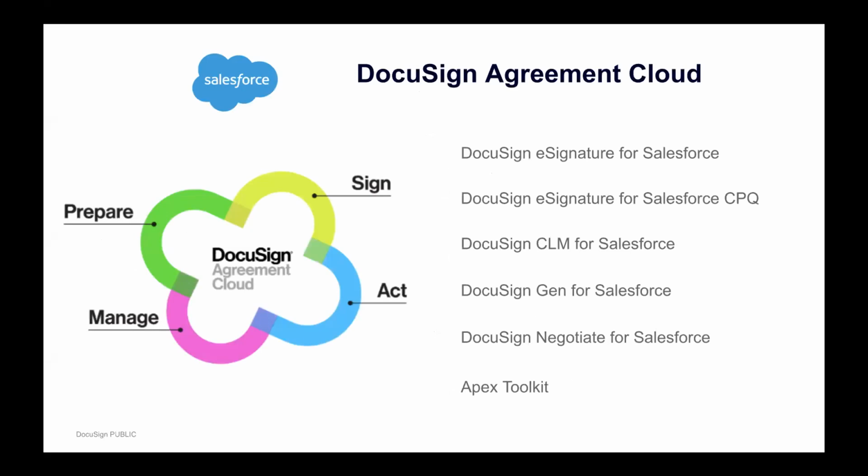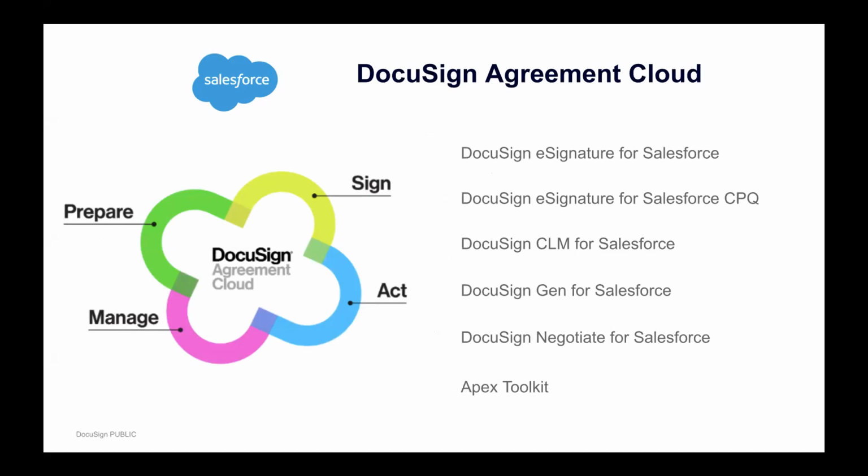Hi, this is Neel. The DocuSign Agreement Cloud is our way of reminding our customers that we are not just an e-sign company. While e-sign continues to be a strong cornerstone for our company, we're also helping our customers by supporting all parts of the agreement lifecycle. Prepare, where we generate documents and negotiate with counterparties.